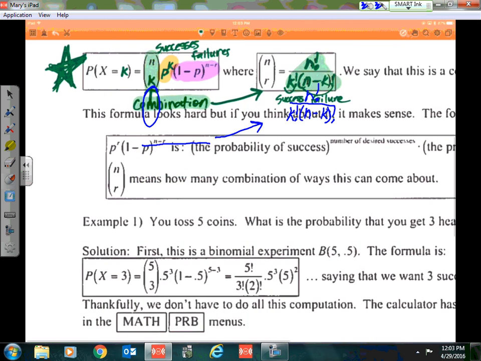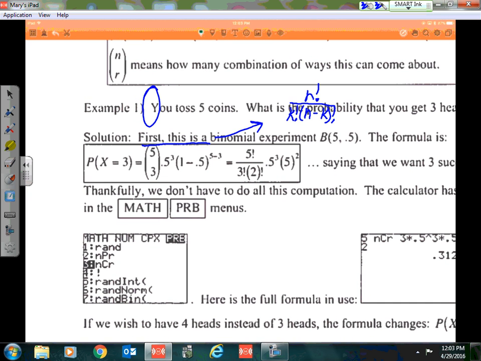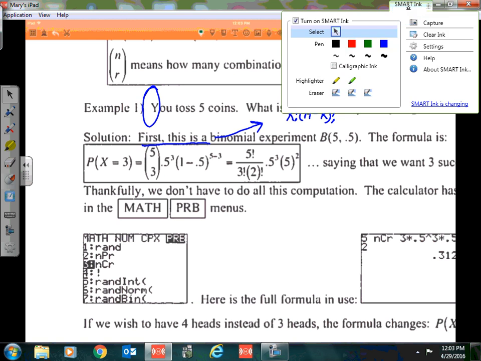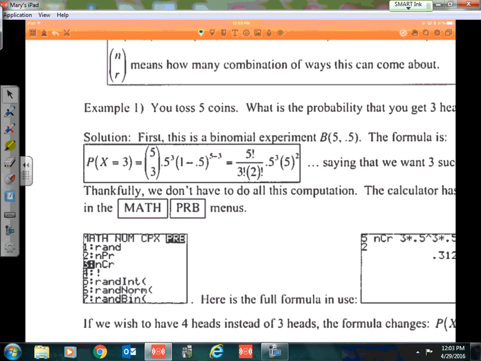For example, down here, out of 5, you want to have 3 successes. Here's how you do those combinations. 5 factorial over 3 successes factorial times 2 factorial, which is the failures.